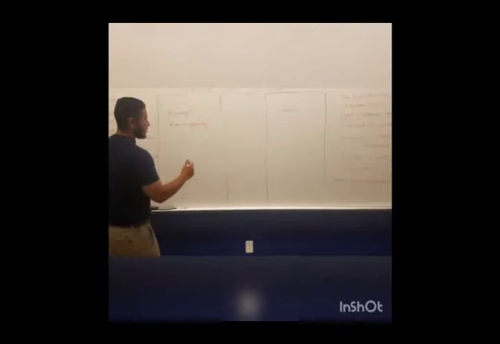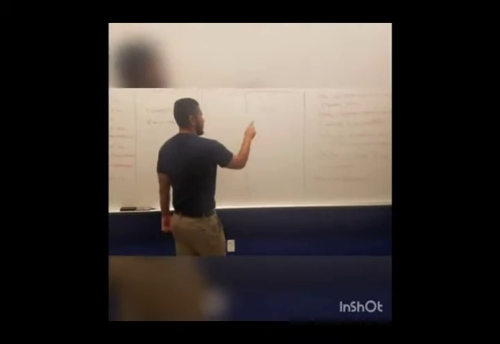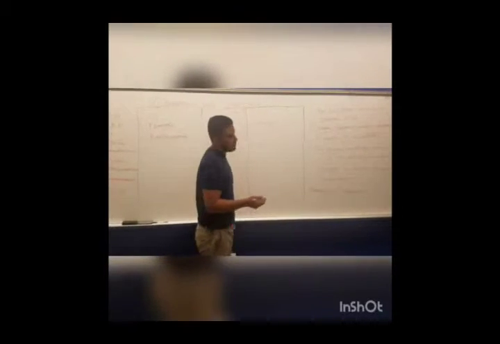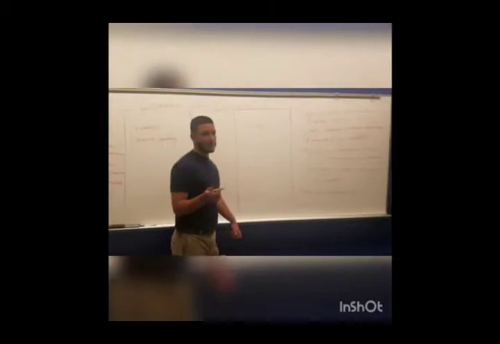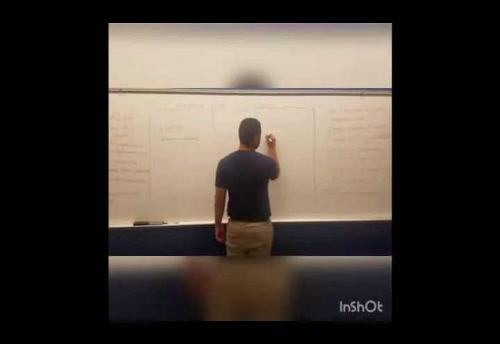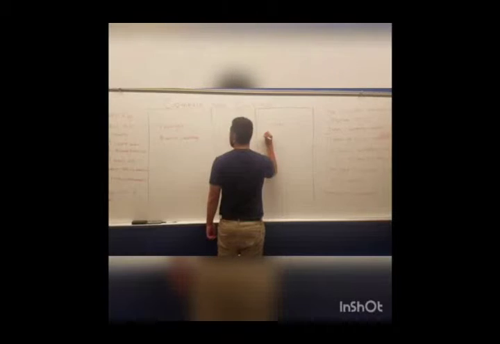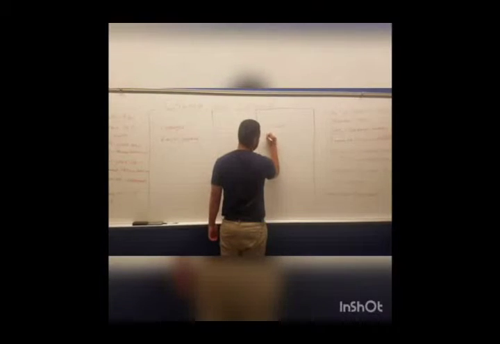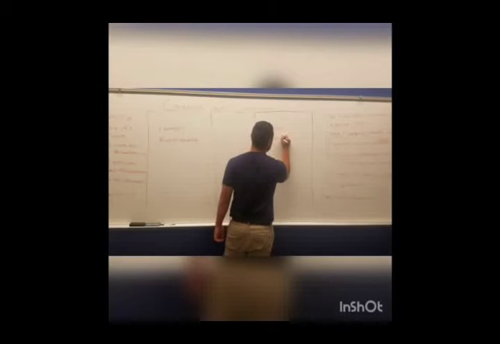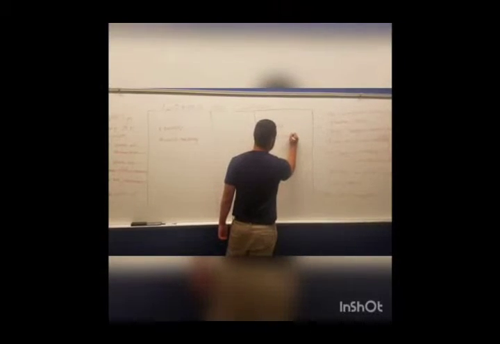In Their Eyes Were Watching God we get more of a friendlier setting. Yes, more for Janie. She doesn't experience that much racism. So definitely, let's go ahead and write friendlier setting.